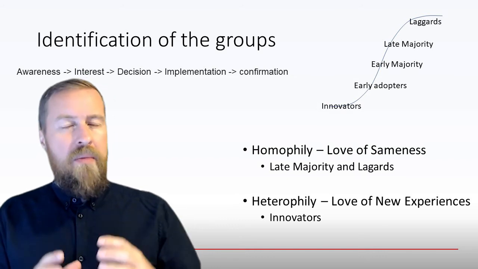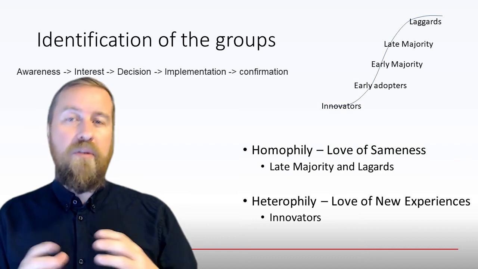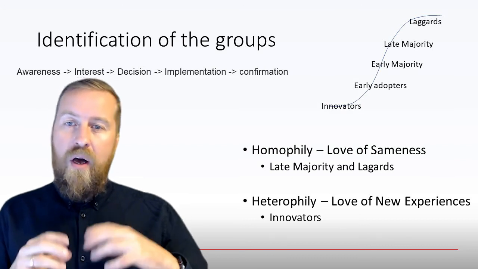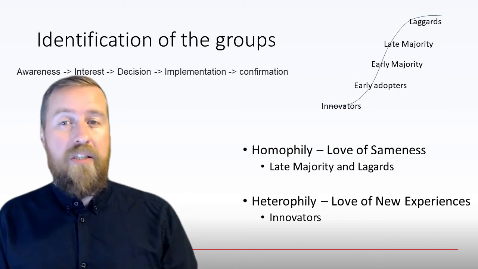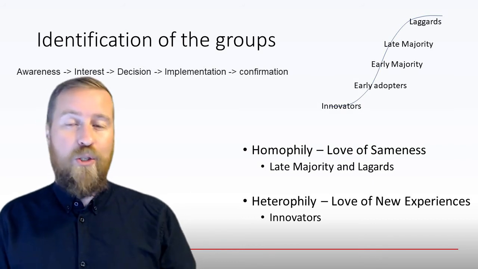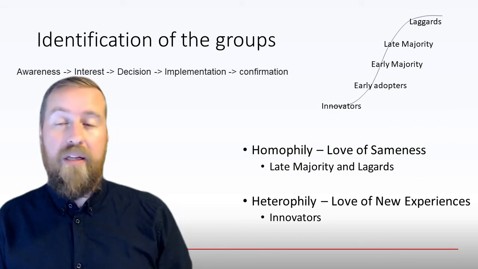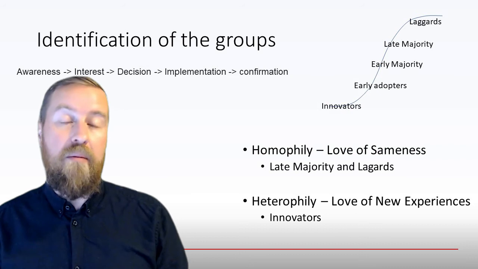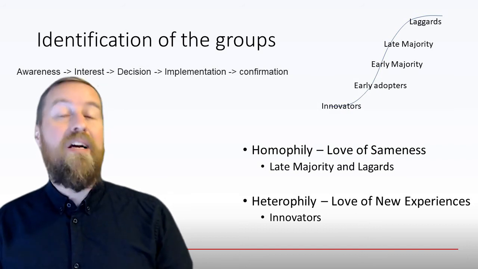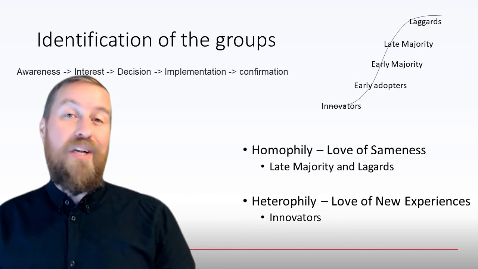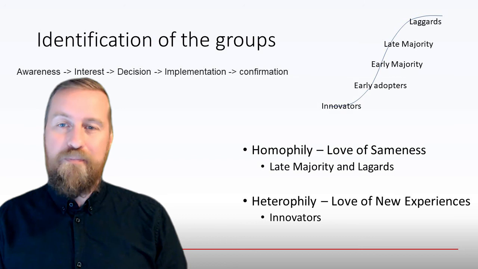There are also some characteristics in the different groups. The homophily, or the love of sameness, is characteristic of the late majority and the laggards. They want to be like everybody else. My grandmother has an iPhone. Well, she's a laggard and she likes to be like her friends. She'll never buy the newest one.